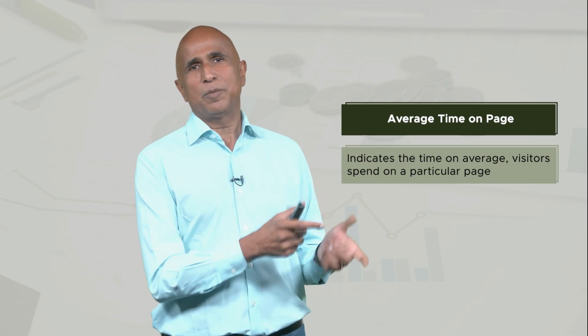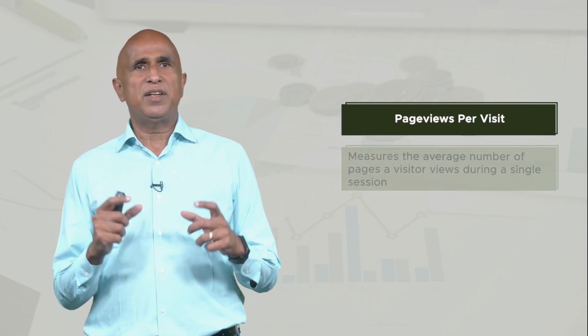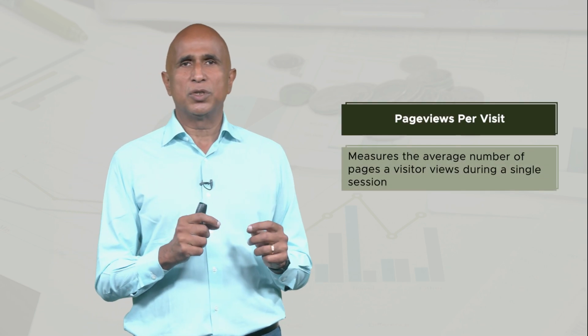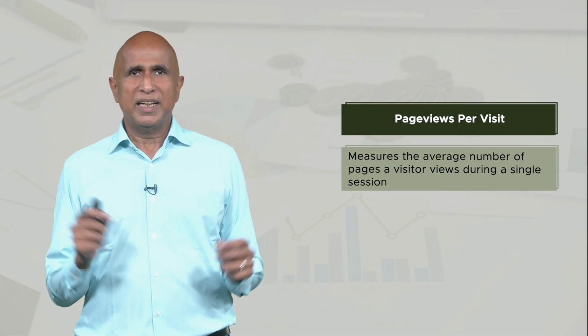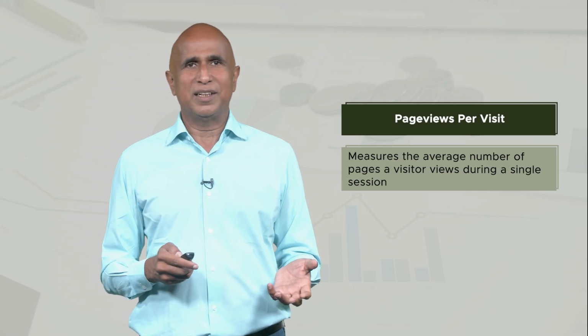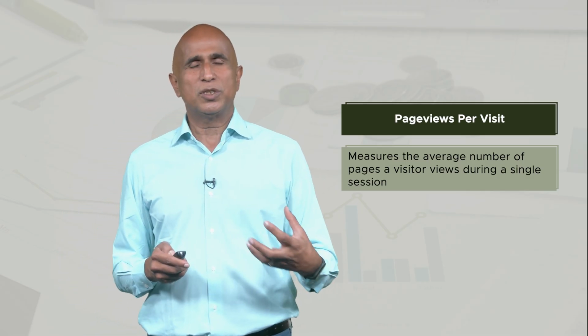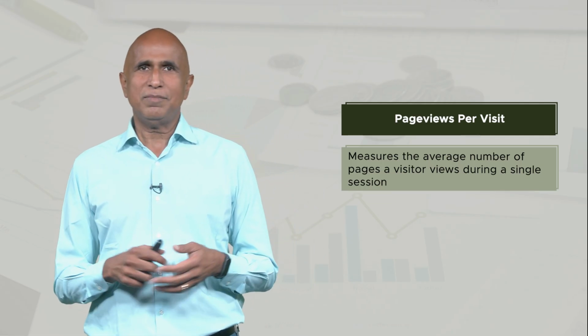So average time on page is important. Next, page views per visit. This measures the average number of pages a visitor views during a single session. More page views indicate that the visitors are engaging deeply with your content, you have relevant content. Less page views shows you need to work on how to increase your engagement.